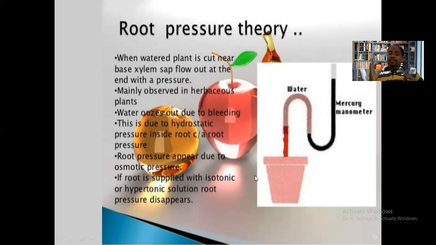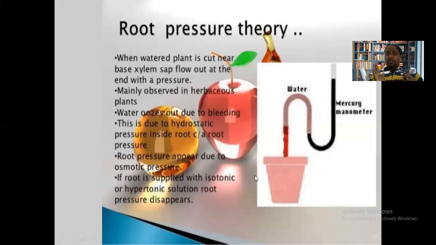According to this theory, the water absorbing forces are developed inside the roots, getting it? And the root pressure is nothing but the hydrostatic pressure developed in the root xylem, as a result of the metabolic activities of the xylem, isn't it? These metabolic activities of the xylem increase, and particularly the water from the xylem is transported.